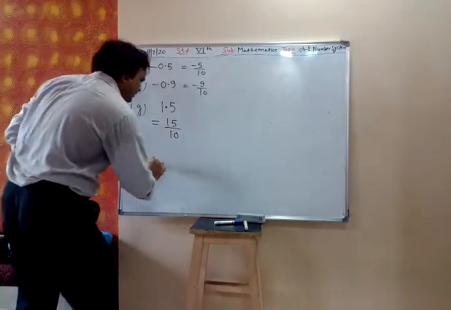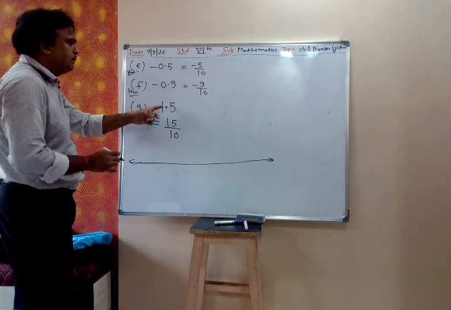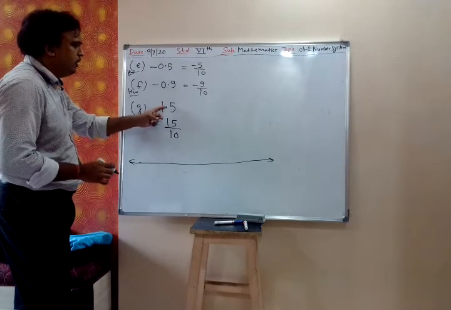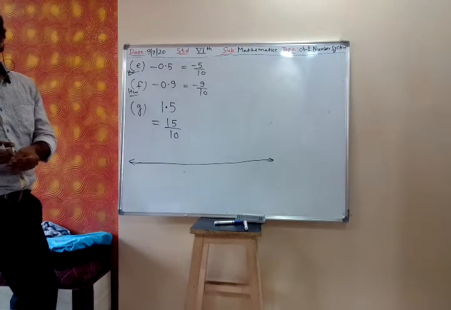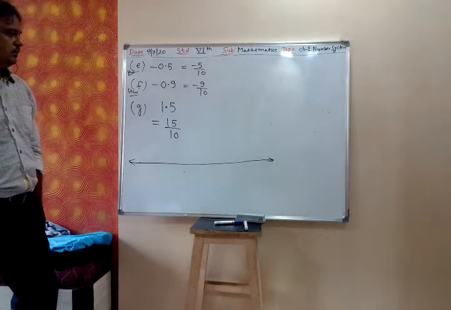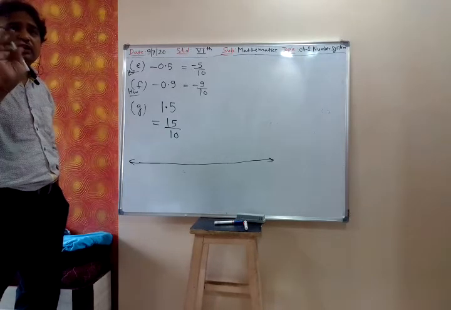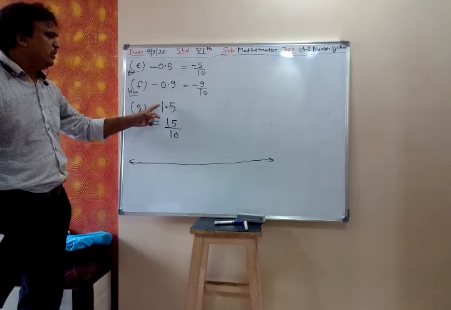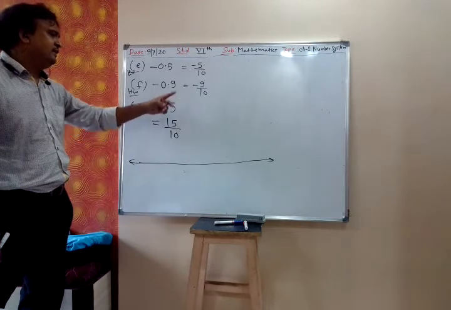It is not 15 upon 10 on the line. It is 1 point, and 1 point means this number is greater than 1 and less than 2.